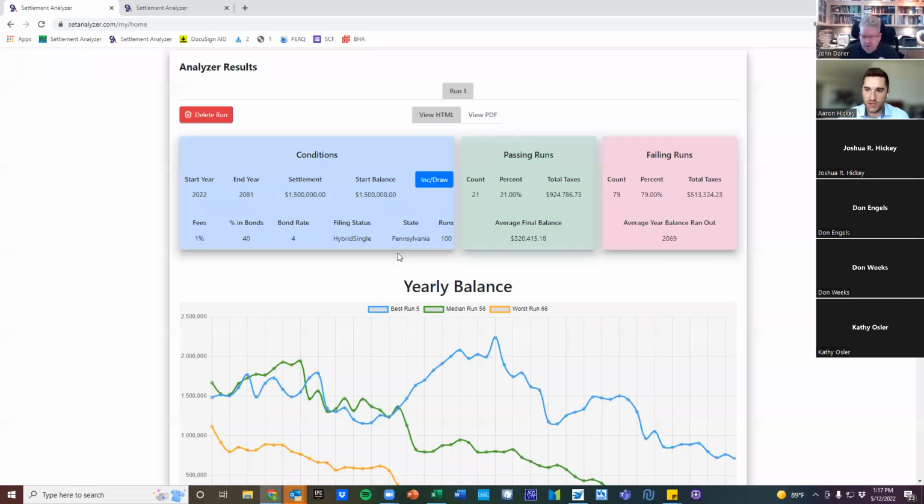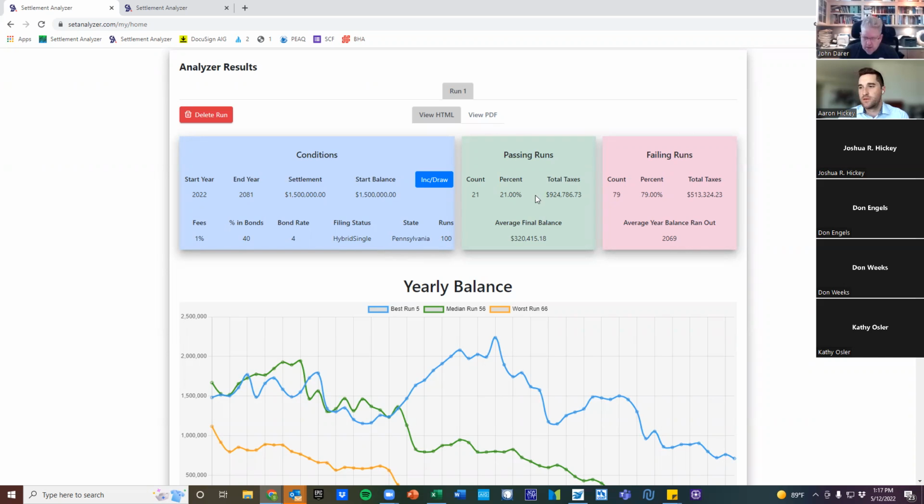The blue one of conditions is very straightforward. It's simply putting all of the information that you already inputted and it shows you down below. The green and red, pretty self-explanatory. Green is good and red is bad. So what we're looking at in the passing runs column, which is this green box here, out of 100 runs, 21 of them passed or succeeded.